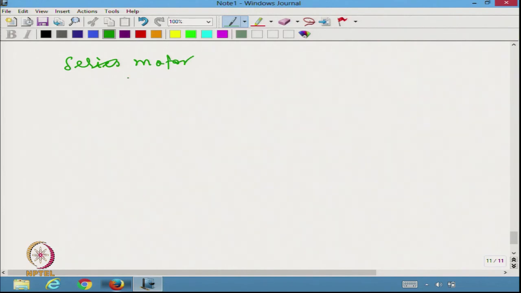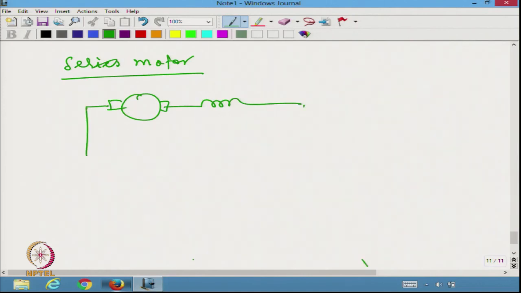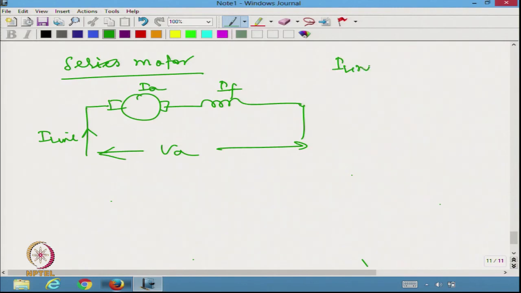Series motor, as I told you, the field is going to be in series. So, I am going to have the armature here and the field is in series, and I am going to apply a supply here. So, if I write this as I line, the same thing is true with respect to IA, the same thing is also IF. So, I will have I line equal to IA equal to IF.